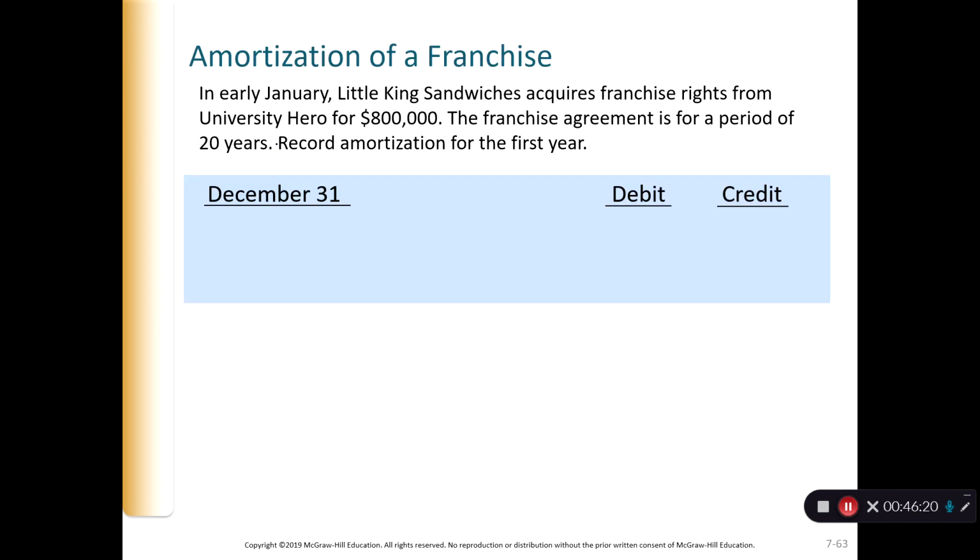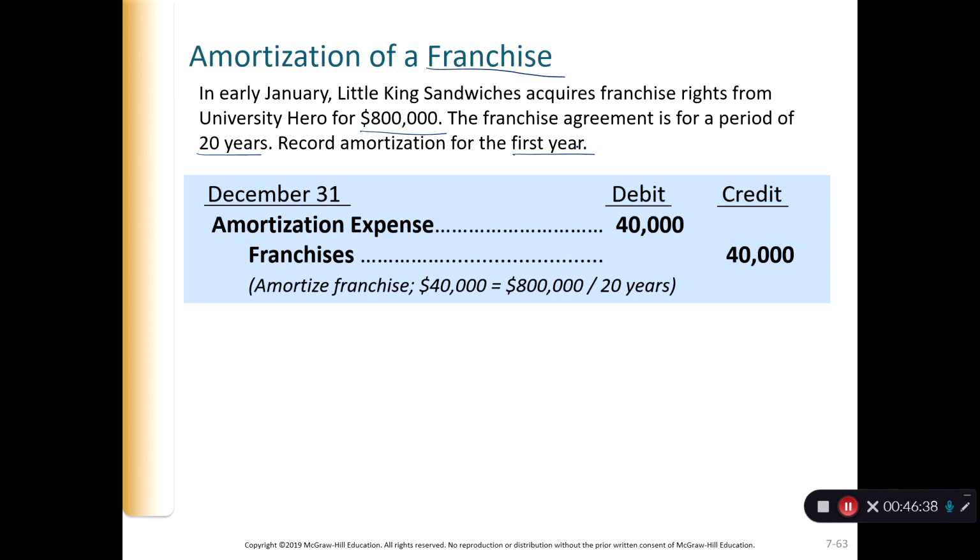Okay, so let's use an example: amortization of a franchise. In early January, Little King Sandwiches acquired franchise rights from University Hero for $800,000. The franchise agreement is for a period of 20 years. Record amortization for the first year. Very simple, right?